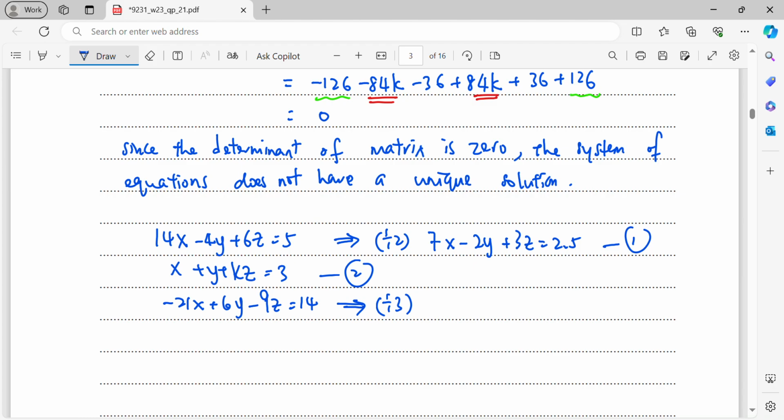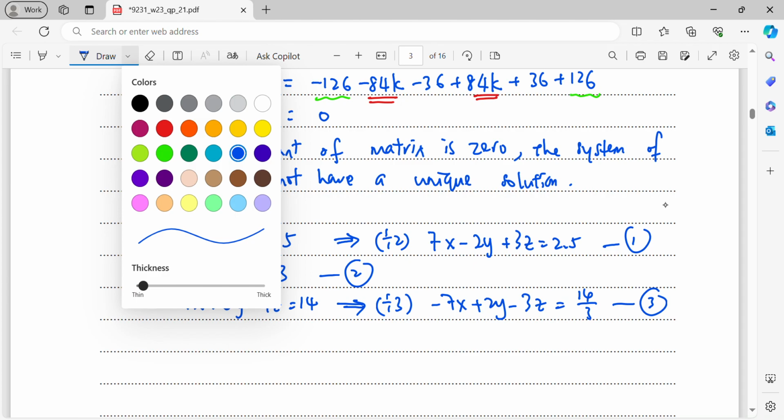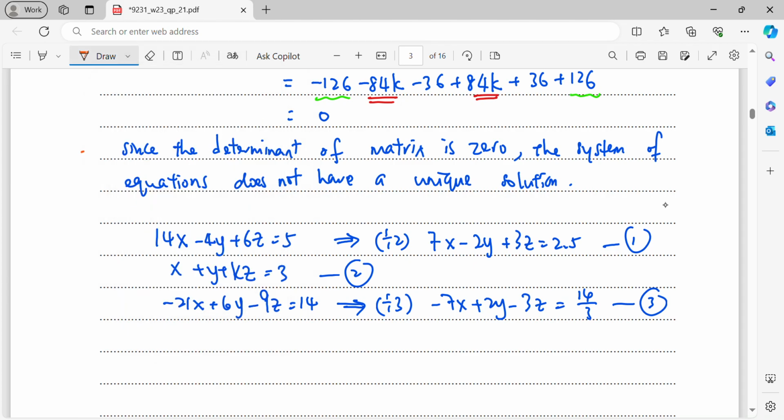So I divide by 3 first. I get minus 7x plus 2y minus 3z equals 14 over 3. This is my third equation. When you look at the first and third, the coefficients are 7 positive, negative, negative, positive, so probably here I divide by negative 3. Then you can see clearly.